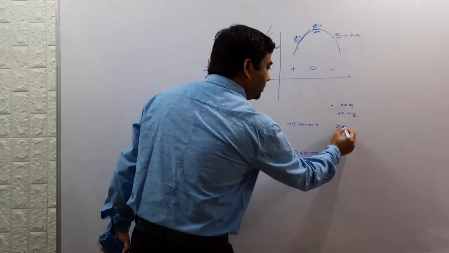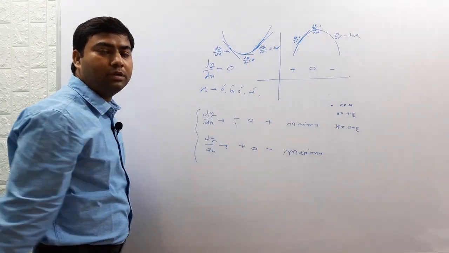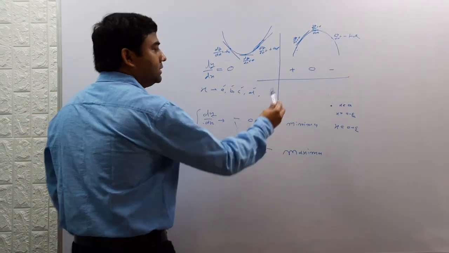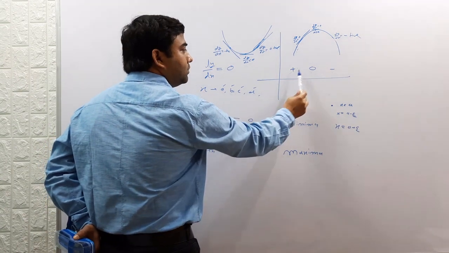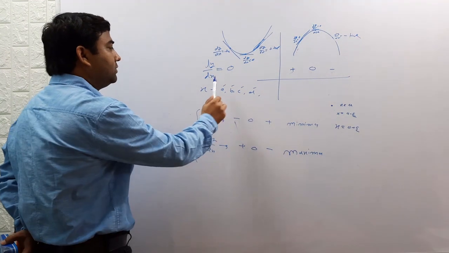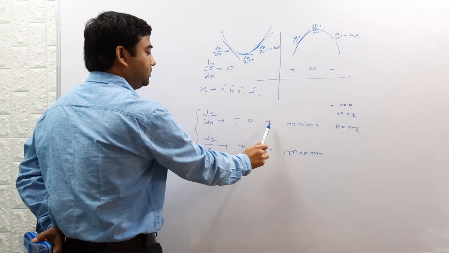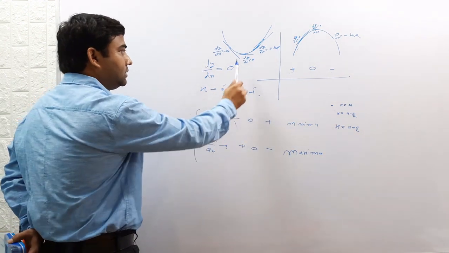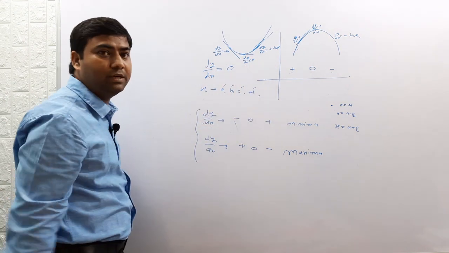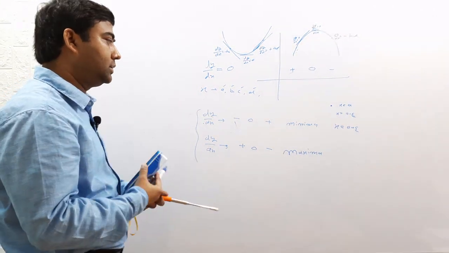Similarly, put x equal to a plus epsilon, on the right side of the turning point, and find the value of the derivative. If the value of the derivative changes in the sequence plus, 0, minus, then it is maximum. If the value of the derivative changes like this, minus, 0, plus, then at the point of consideration the function is minima. This is one of the methods to find maximum.